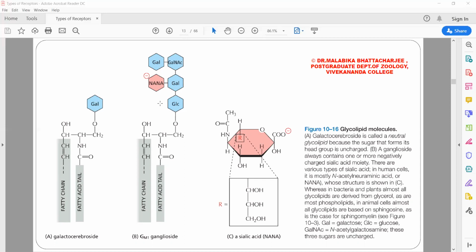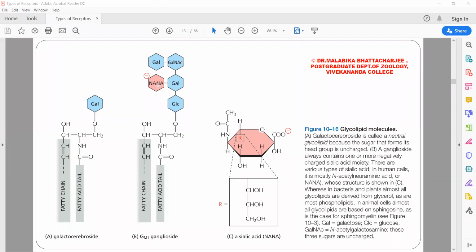And this one is a ganglioside. As you can see, the ganglioside contains negatively charged NANA, or N-acetylneuraminic acid, which is basically sialic acid. The presence of this in the membrane helps a lot of immune cells to identify which is the host membrane and which is not the host membrane.